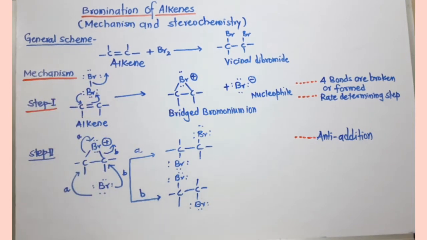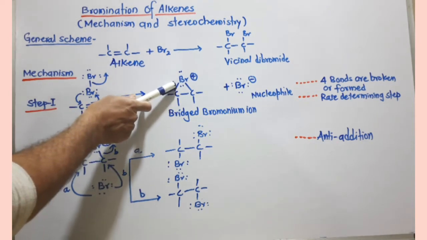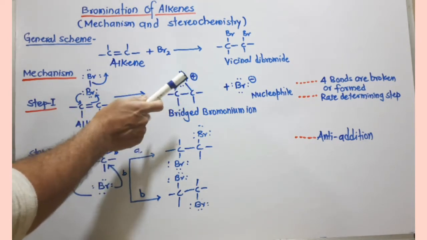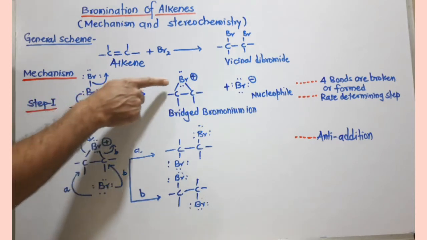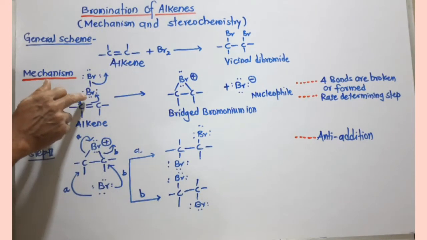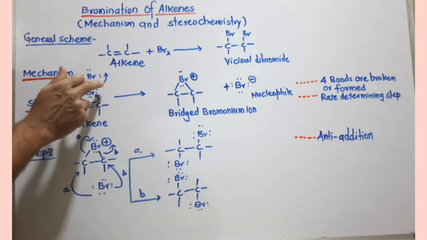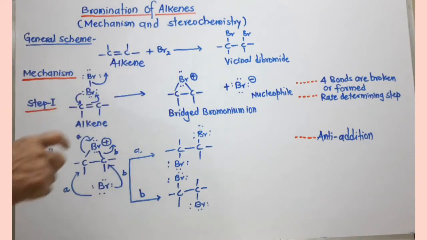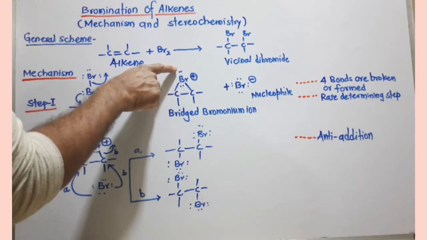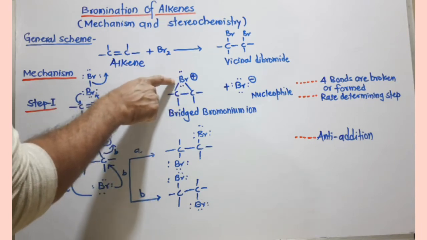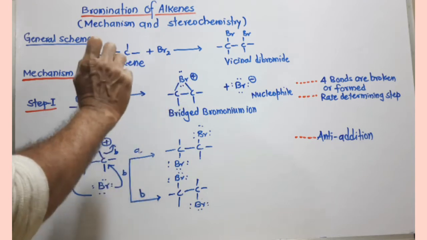Okay. Now, when this has happened, you can see this pi bond, this sigma bond, and one pair of this Br is utilized to form this sigma bond. Now there are 2 lone pairs left over this Br. Now you can count the number of electrons on this Br. These are 1, 2, 3, 4, 1 from this and 1 from this, so 6 electrons.